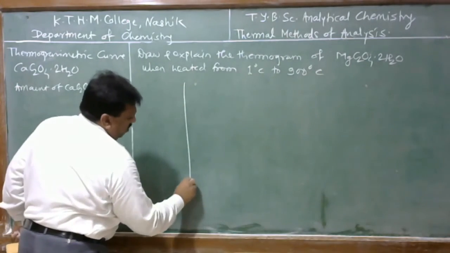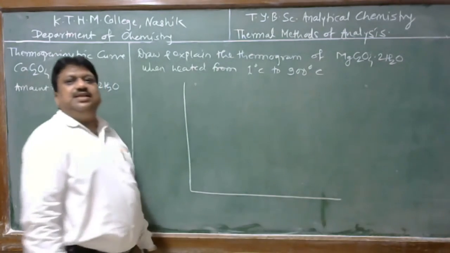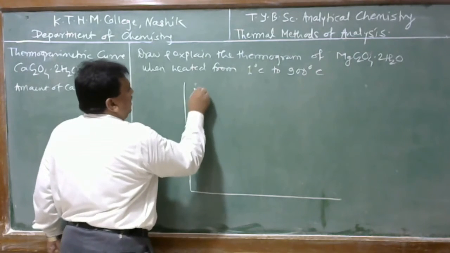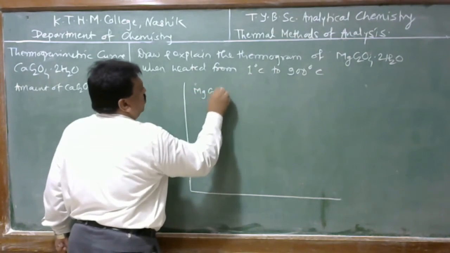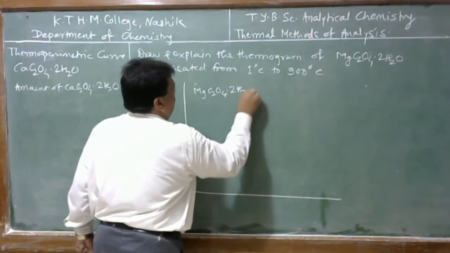Here calcium oxalate has 3 stages of decomposition. Now magnesium oxalate has only 2 stages of decomposition.